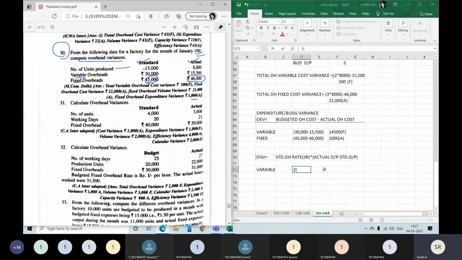Actual output minus standard or budgeted, whatever you want to call it. So 8,000, what is your standard or budgeted one? 15,000. What is the answer?